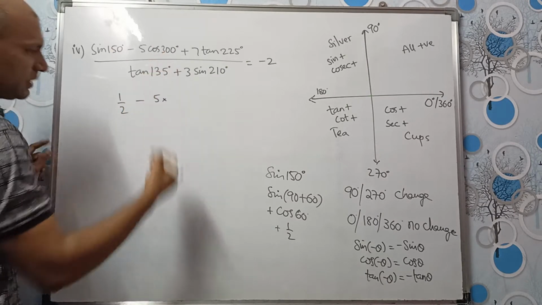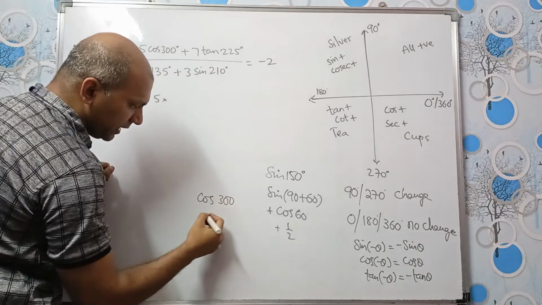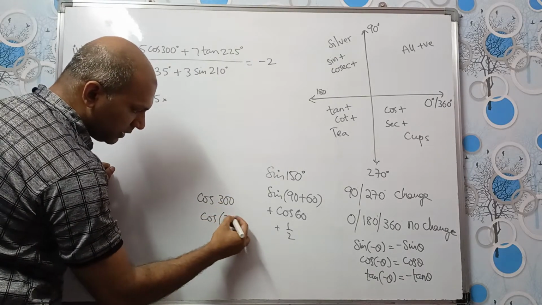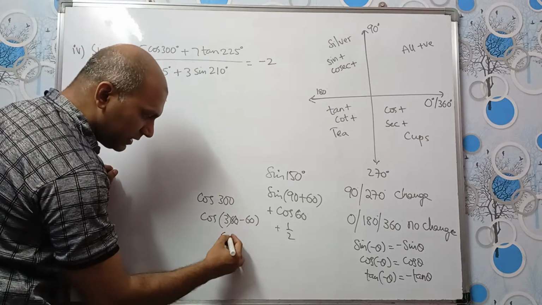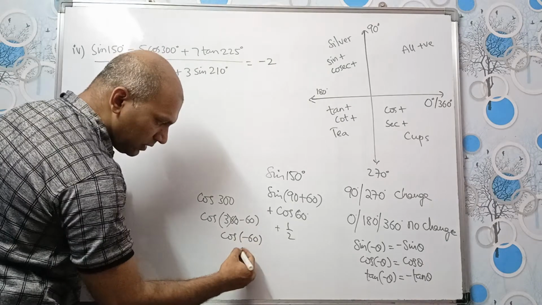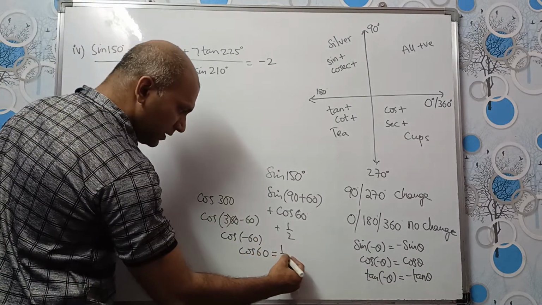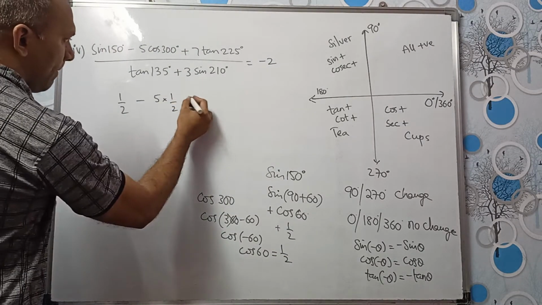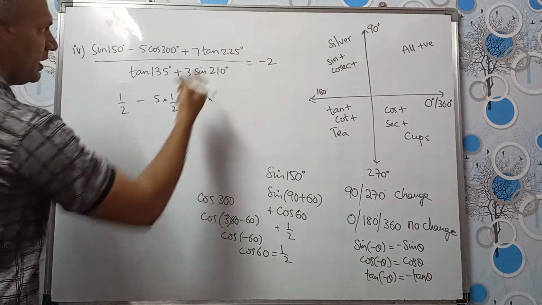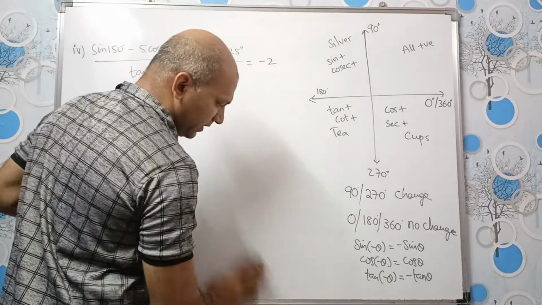Let us find cos 300. See, cos 300, you can write it as cos 360 minus 60. So you can remove this 360 and it will be cos minus 60 or cos 60. Cos 60 is 1 by 2. So this is 1 by 2 plus 7 multiplied by tan 225. Let us find out what is tan 225.